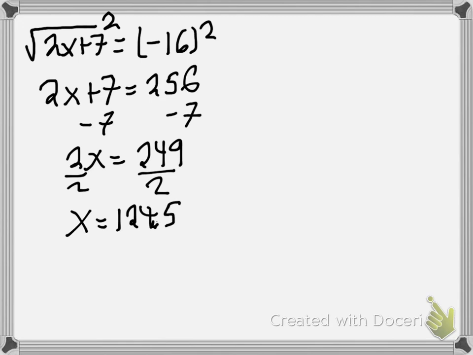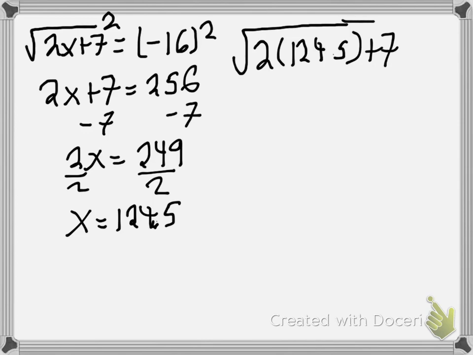Okay, great. So now, let's see what we get here. We're going to plug this 124.5 back into the equation, so we get the square root of 2 times 124.5 plus 7. That's supposed to be equal to negative 16. Now guys, I'm hoping that you're thinking right now, wait a minute, how do I get a square root equal to a negative number? You don't. So this might actually be an extraneous solution.